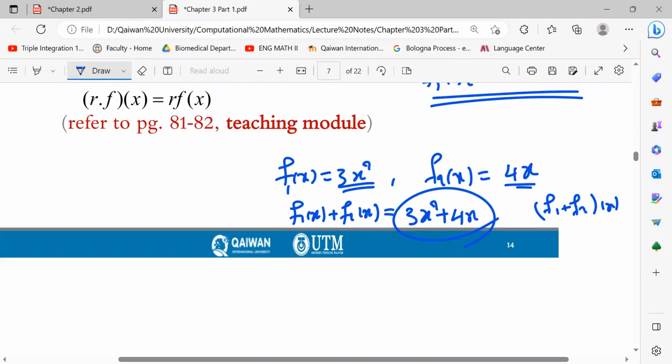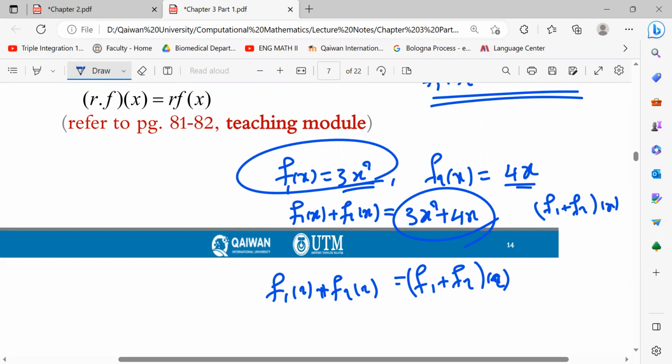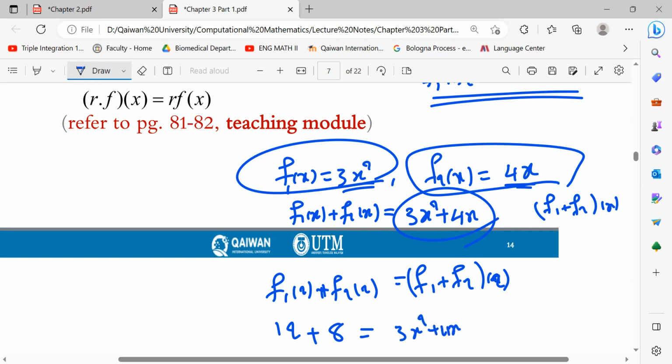Even for evaluating at a point, is f1 of 2 plus f2 of 2 equal to f1 plus f2 at 2 or not? What's f1 of 2? It's 12. Then plus, what's f2 of 2? It is 8. The sum of them is 3x squared plus 4x.